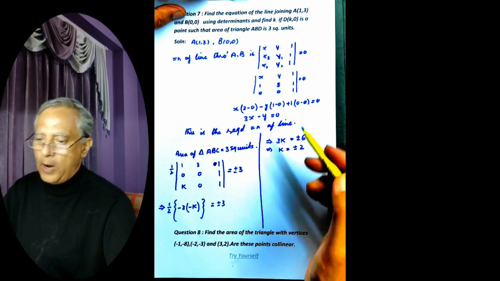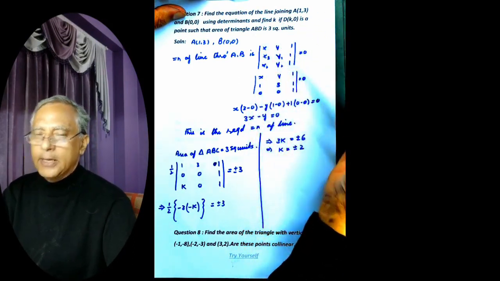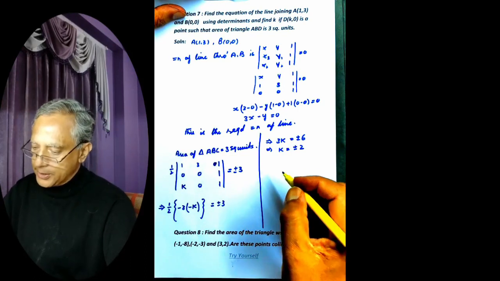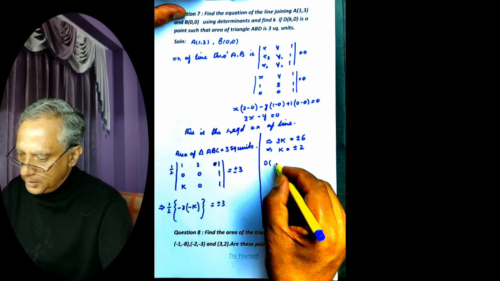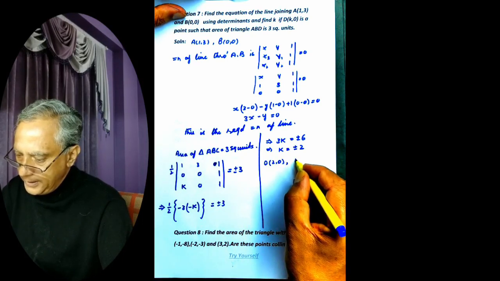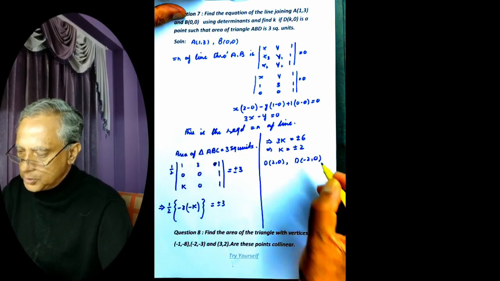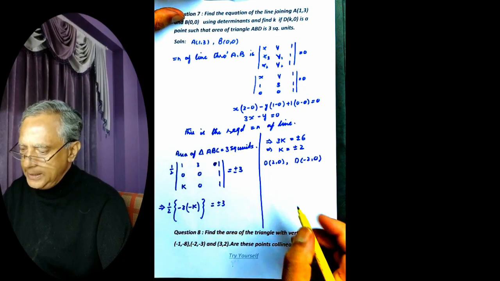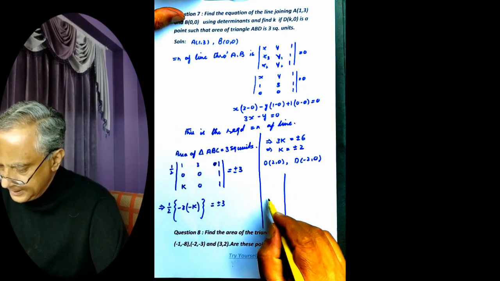So there are 2 points D from which the area of this triangle can be 3 square units. That is, there are 2 points: D(2, 0) and D(minus 2, 0).